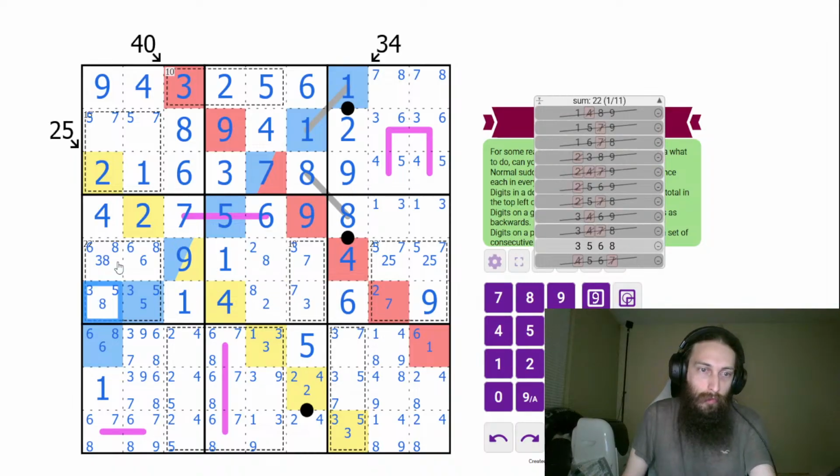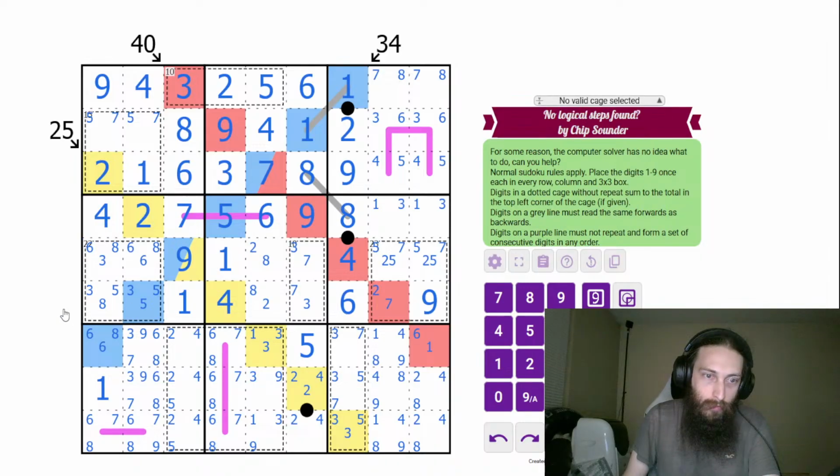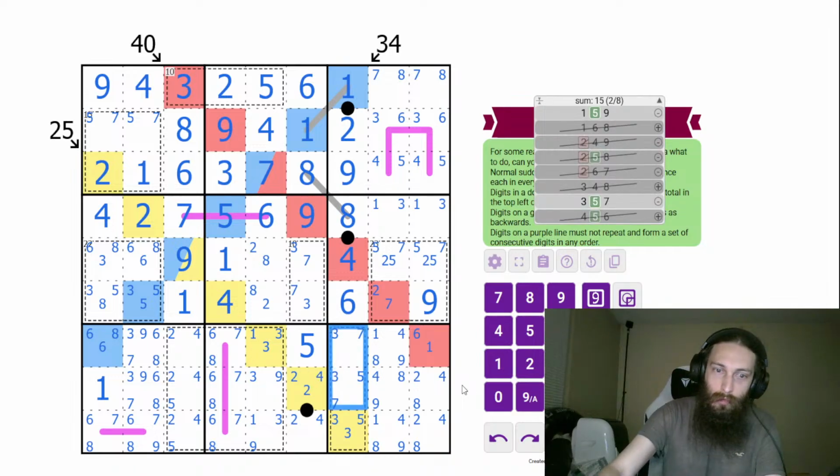This 3 takes 3, places it that way. 3, 5, 7.